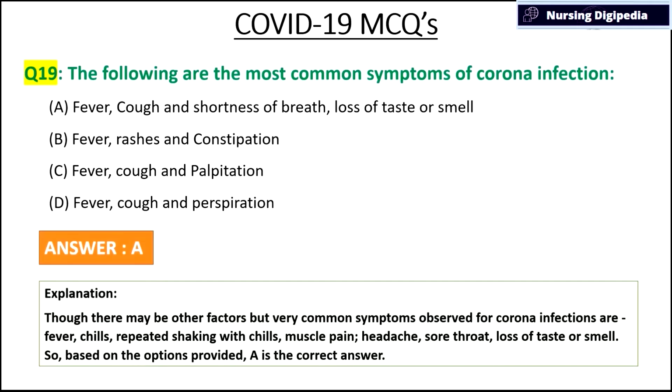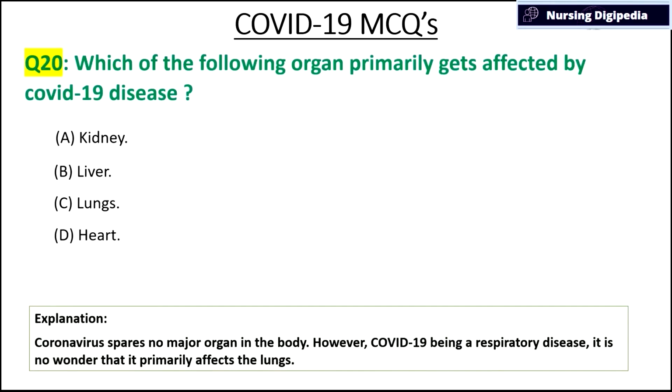And the answer is A. Though there may be other factors, very common symptoms observed for corona infections are fever, chills, repeated shaking with chills, muscle pain, headache, sore throat, loss of taste or smell. So, based on the options provided, A is the correct answer.